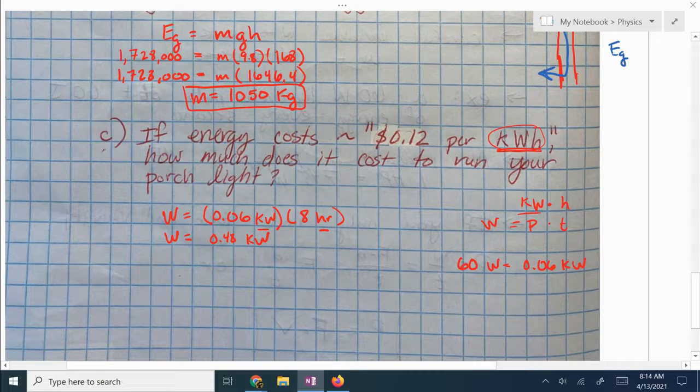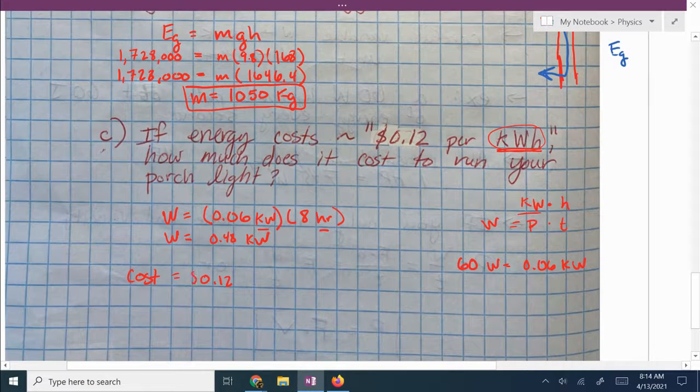Each one of those kilowatt hours is going to be $0.12, so 12 cents, times the number of kilowatt hours your light bulb used.